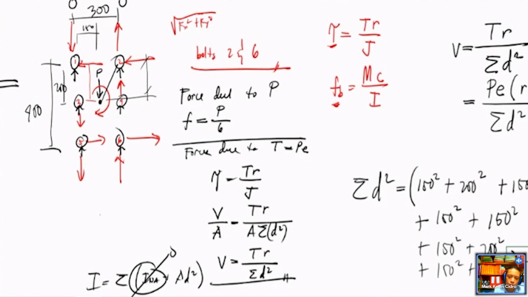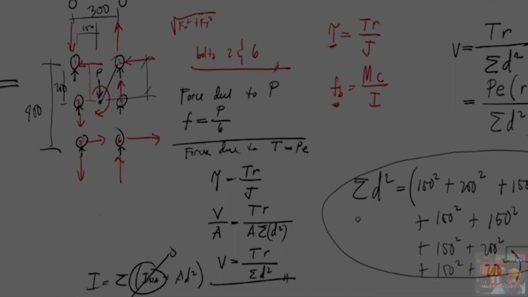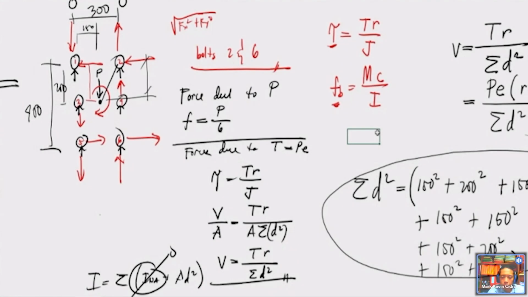This is how you solve for the summation of d squared. Or you can use the distances of all the bolts from the centroid, or just use the x and y components. Sir, for bolts 3 and 4, do we also add 200 squared? Yes, include the distances of 3 and 4.